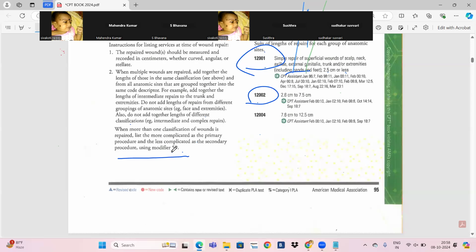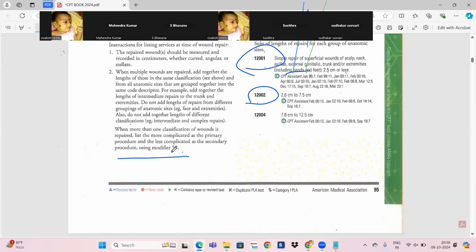Suppose both are simple: scalp 2 centimeter, face 2 centimeter. Then what codes will you get? Both are simple repairs. 12001, 12011.